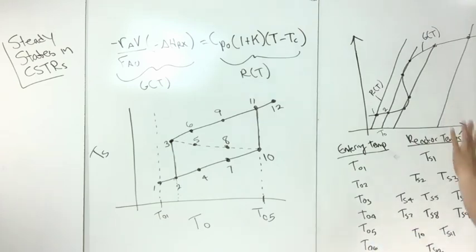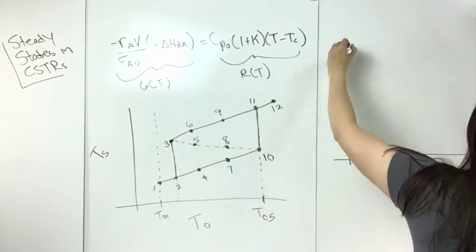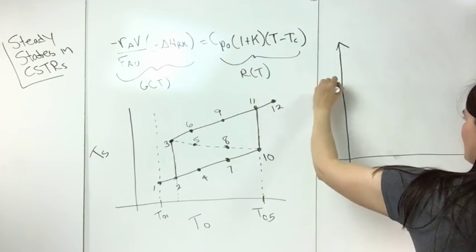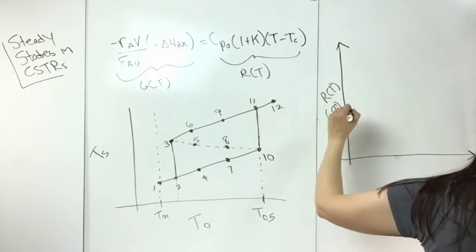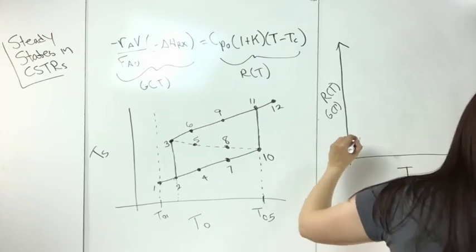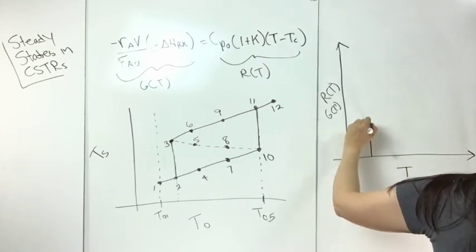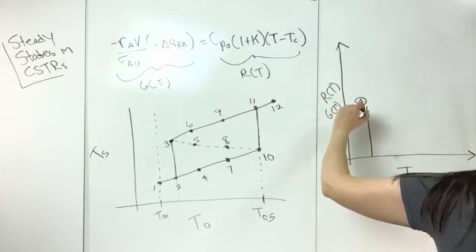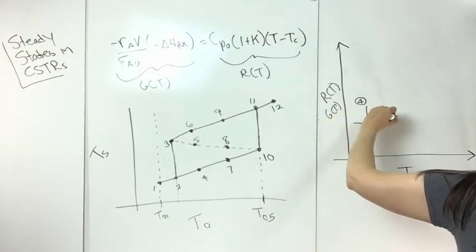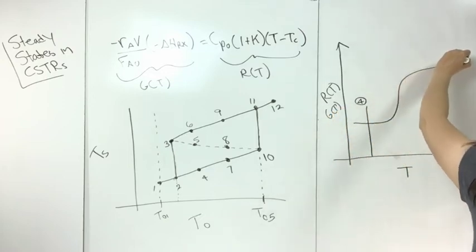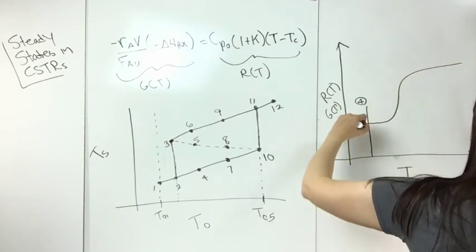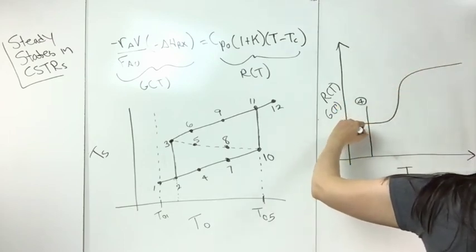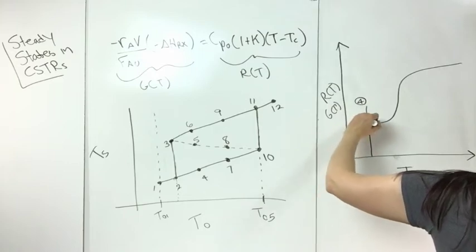So I'm going to erase this real quick and then show you another way that you can look at this. Let's say you have R of T and G of T versus T. I should have drawn the curve first. So say you have a curve like that, so that would be G of T, and then R of T looks like this.